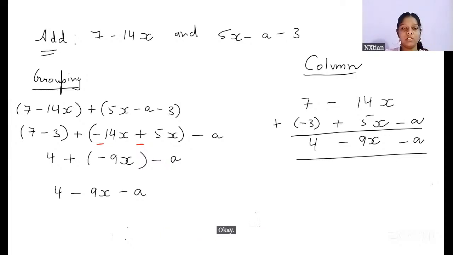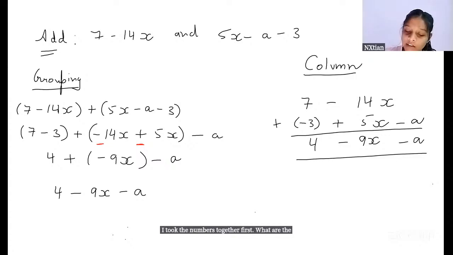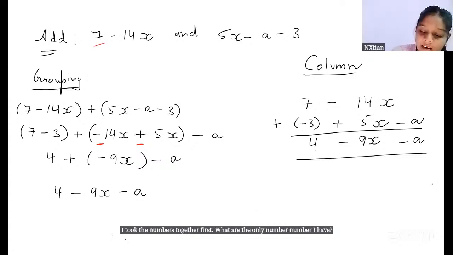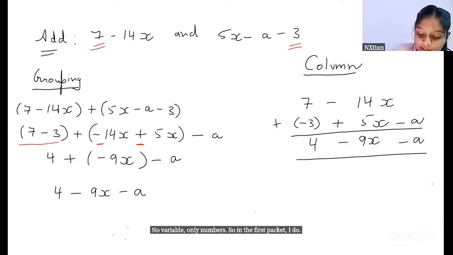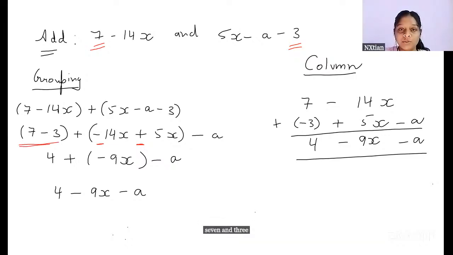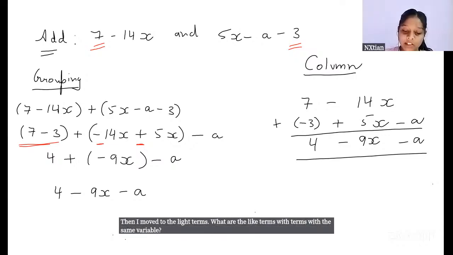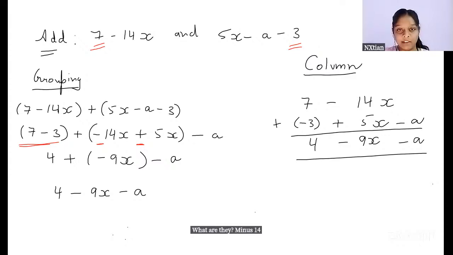Okay. So see, Abraham, what I did, I took the numbers together first. What are the only numbers I have? 7 and 3. No variable. So in the first bracket, I took 7 and 3. Then I move to the like terms. What are the like terms? Terms with the same variable. Minus 14x and 5x.